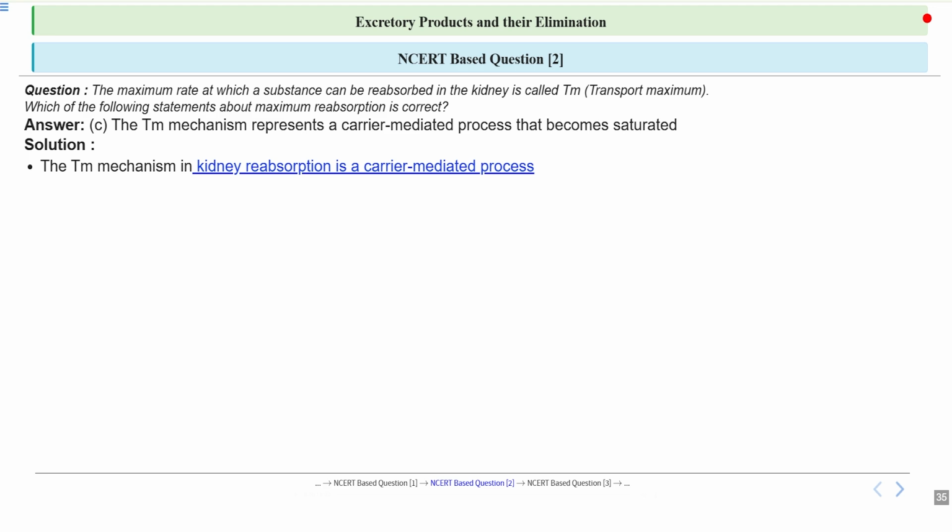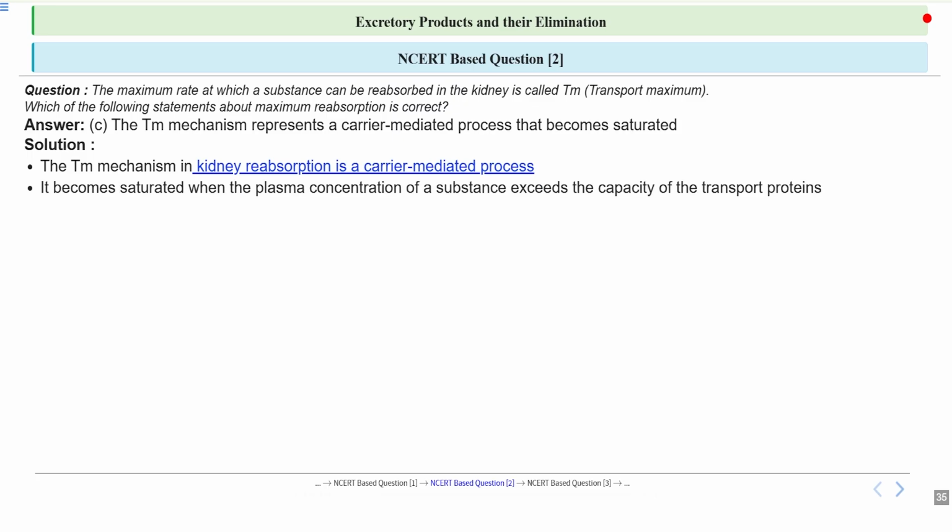Each carrier can only handle a certain amount at a time, just like a delivery truck can carry only so many packages. It becomes saturated when the plasma concentration of a substance exceeds the capacity of the transport proteins. When this saturation happens, the excess substance appears in the urine. If the carriers are overloaded, the body simply gets rid of the surplus by excreting it.